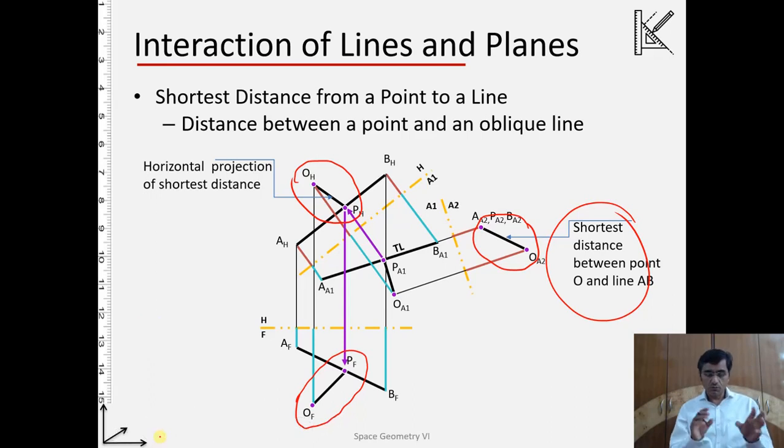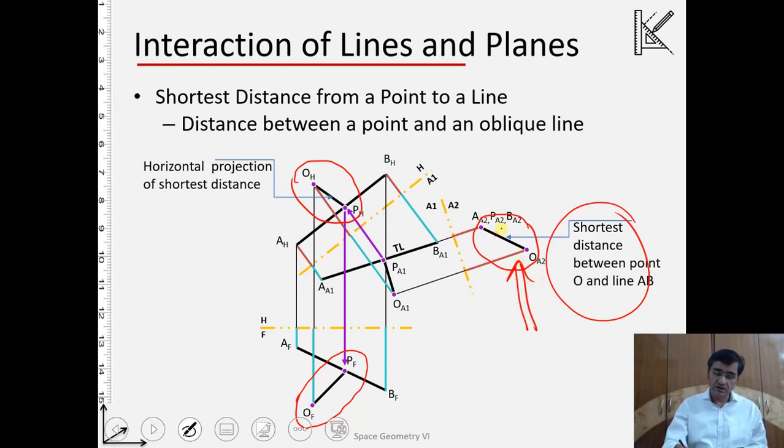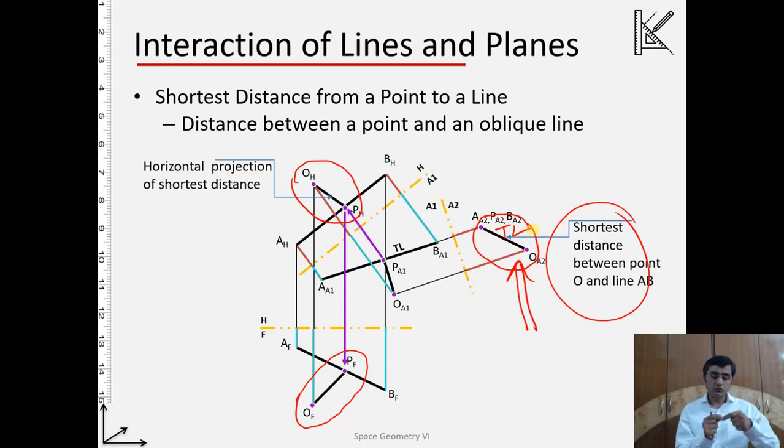Alright, so by doing this, we are able to determine the shortest distance. We can measure it. So that's the true length. We can measure it, as well as the projection of the shortest distance onto the horizontal plane and the frontal plane are also determined.